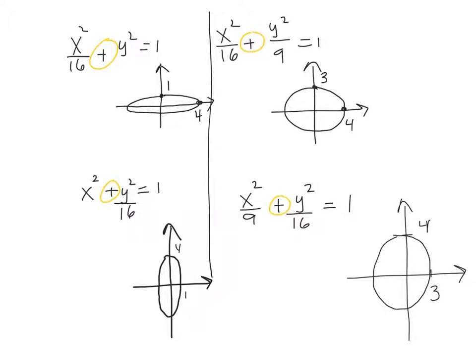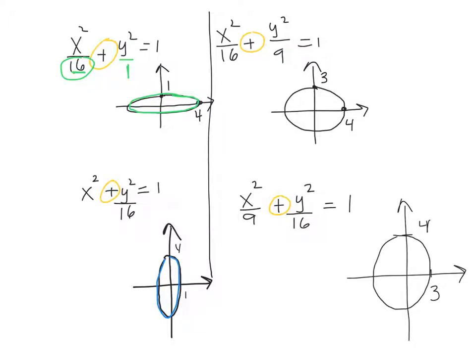The second thing is we're thinking, who's bigger? Which denominator is bigger? Here, if there's no denominator, that's like having a denominator of 1. So the ellipse will either open horizontally, like this, or what I'm calling vertically, like this one. And that has to do with which denominator is bigger. So notice on this first one, the x has the larger denominator and our ellipse opens horizontally.